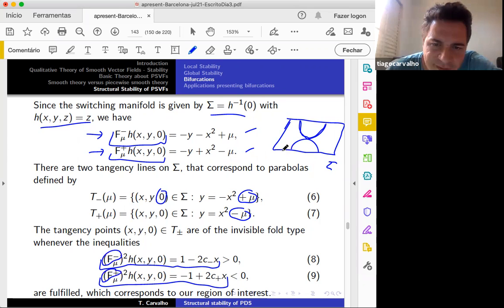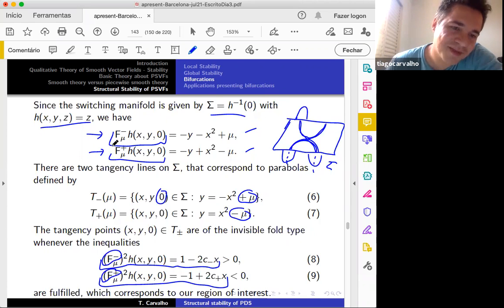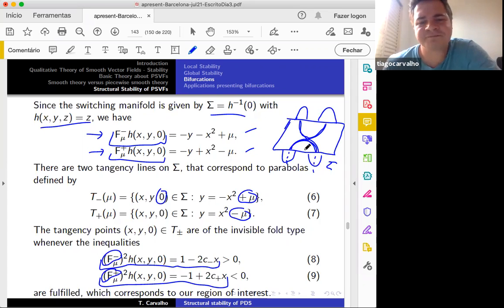So what we have here is that this y-fold curve corresponds to invisible fold points, and also the x-fold, because I'm using another notation here. Here I'm using f plus and f minus, but the above vector field also has an invisible fold point.